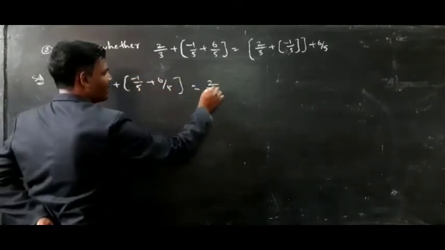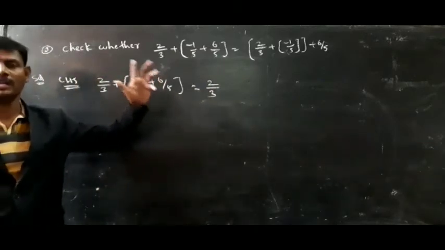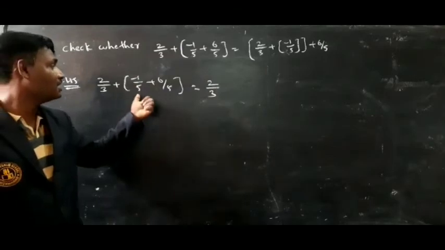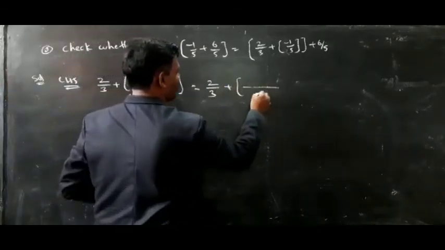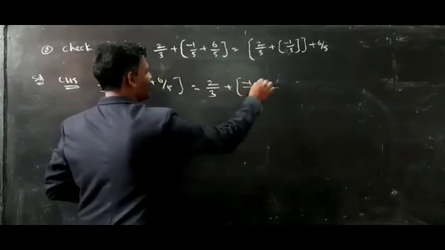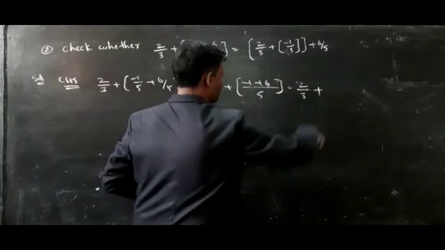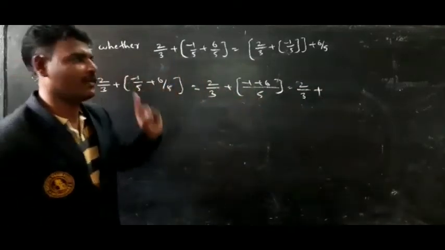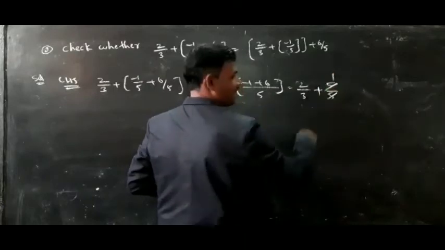Here minus 1 by 5 and plus 6 by 5 are like fractions. Why? Because denominators are equal. So what is the LCM of that? 5. So it is minus 1 plus 6 over 5, which is 5 by 5. 5 and 5 get cancelled.